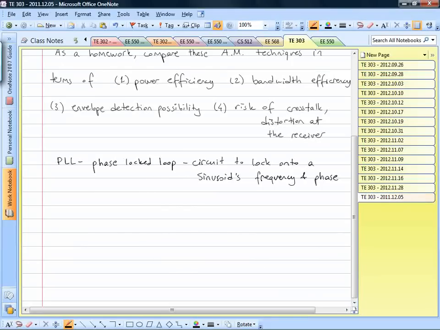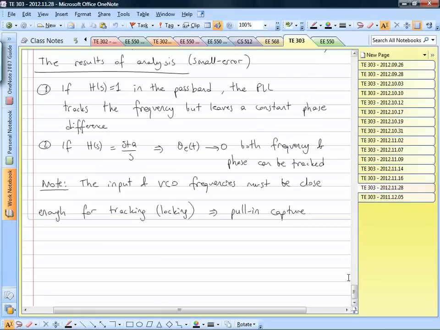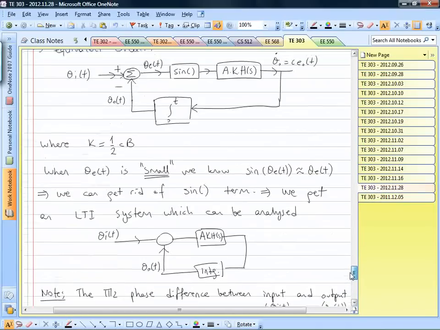Okay, but to be able to use a PLL, you need a carrier. You need the carrier. So if you want to see this picture again, we assume the input is a pure sinusoid, right?